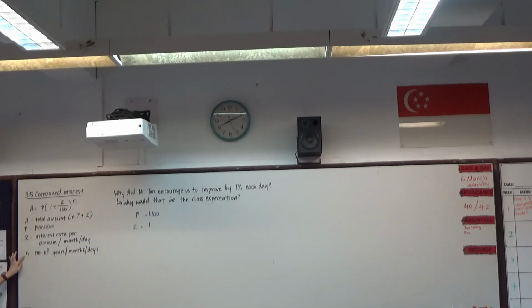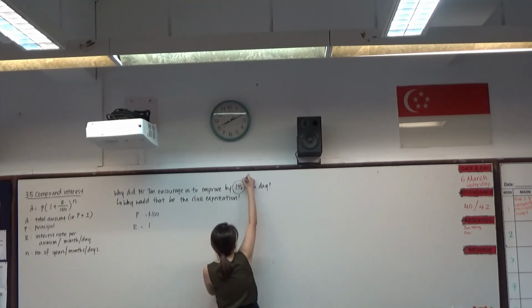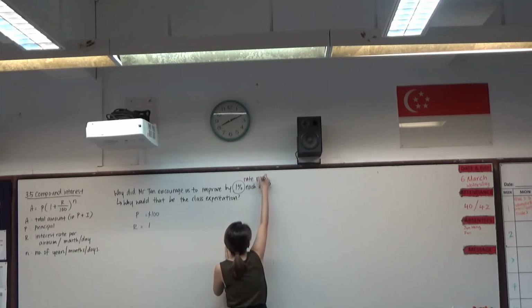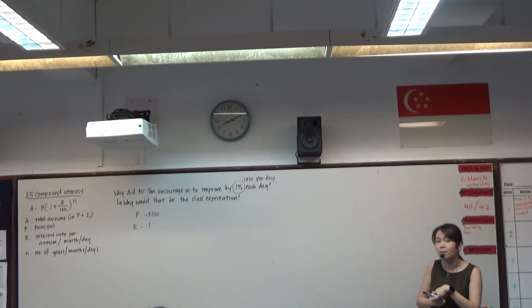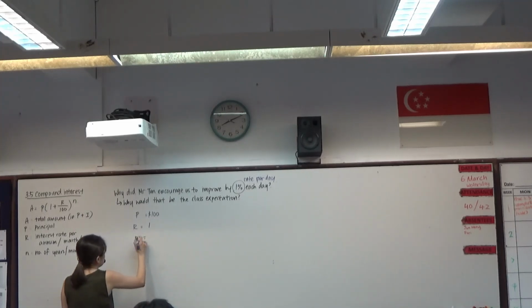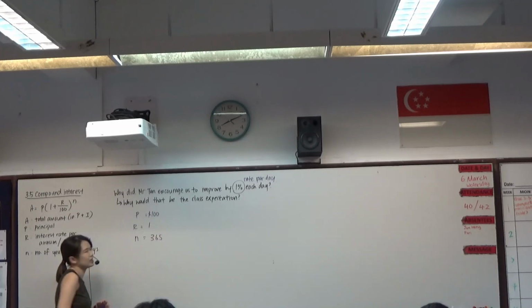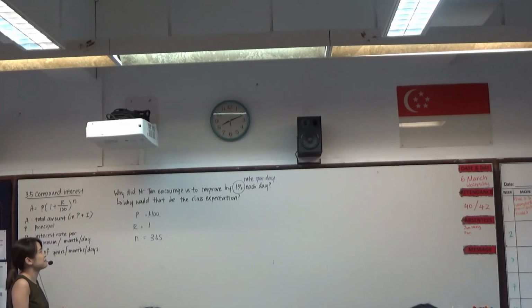Then the N: to improve by 1% each day, we are looking at compounding it per day. 1% each day is the rate per day. So the number of days in a year will be 365. Although technically this year we have 366 because of the leap year, we're just taking it as per normal, 365.